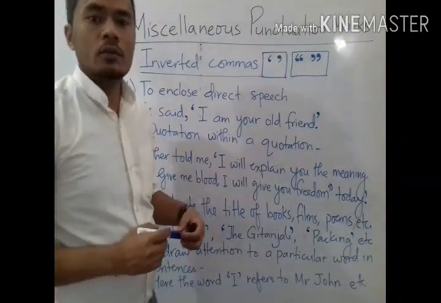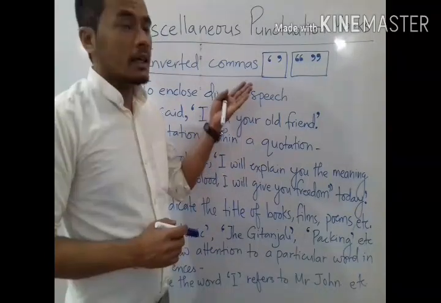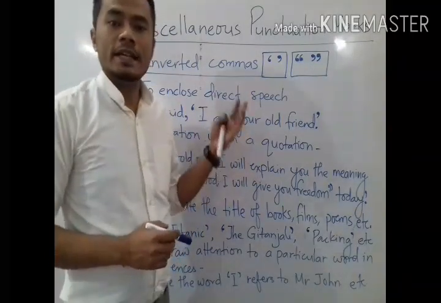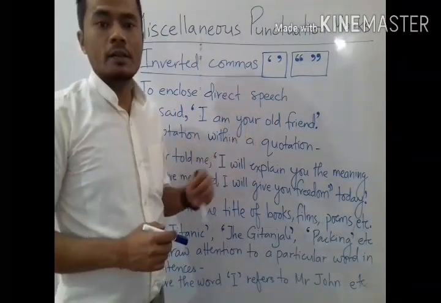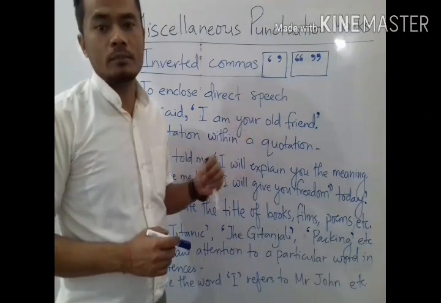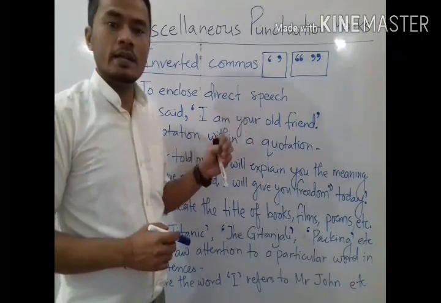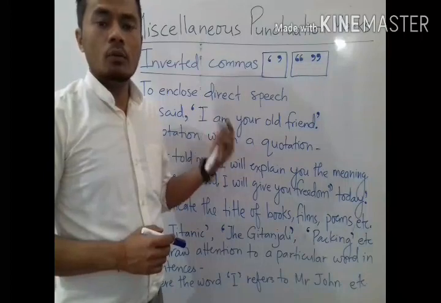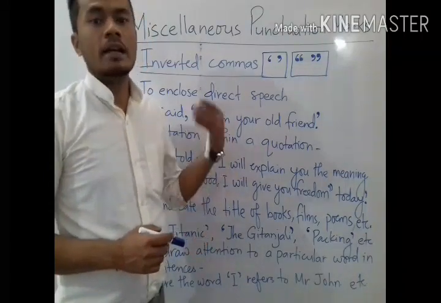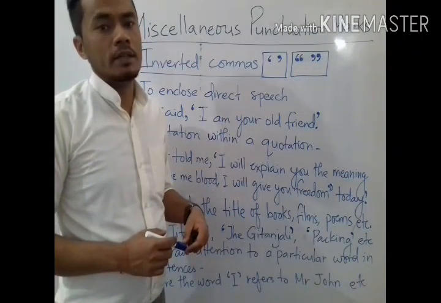Now we will discuss the conditions of using inverted commas in sentences. Inverted commas are also called quotation marks. There are two kinds of inverted commas. One is single inverted commas and the other is double inverted commas.